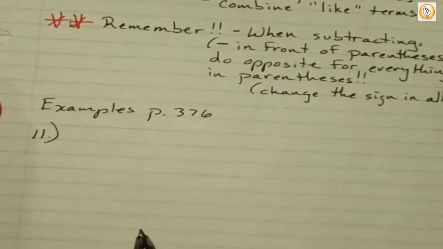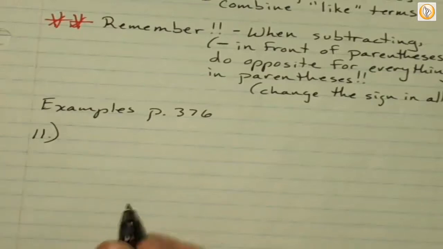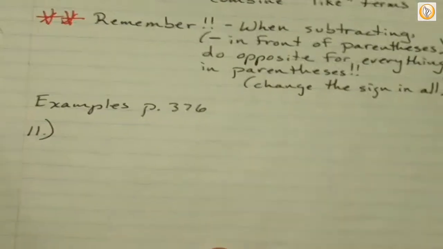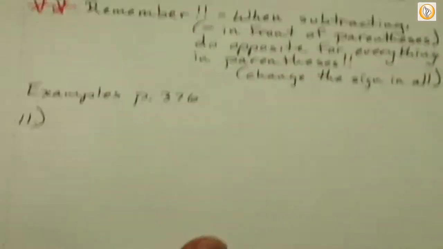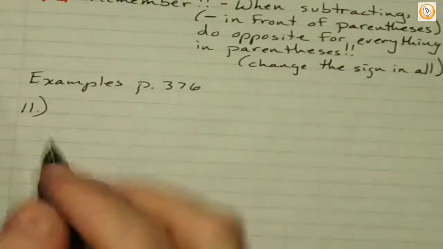Number 11. We're going to go right to the big stuff. See, in your book, the whole first section has it already lined up for you. You can actually choose whether you do it that way or not, but let's look at number 11.